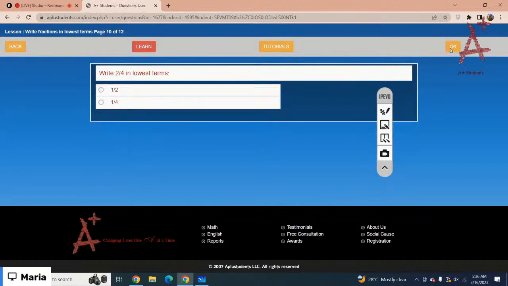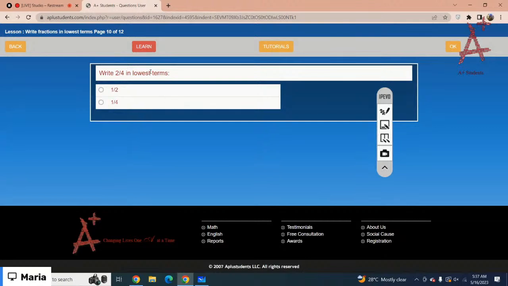Okay, write 2 by 4 in lowest form. So which is the correct option? It would be, yes, it would be 1 over 2.